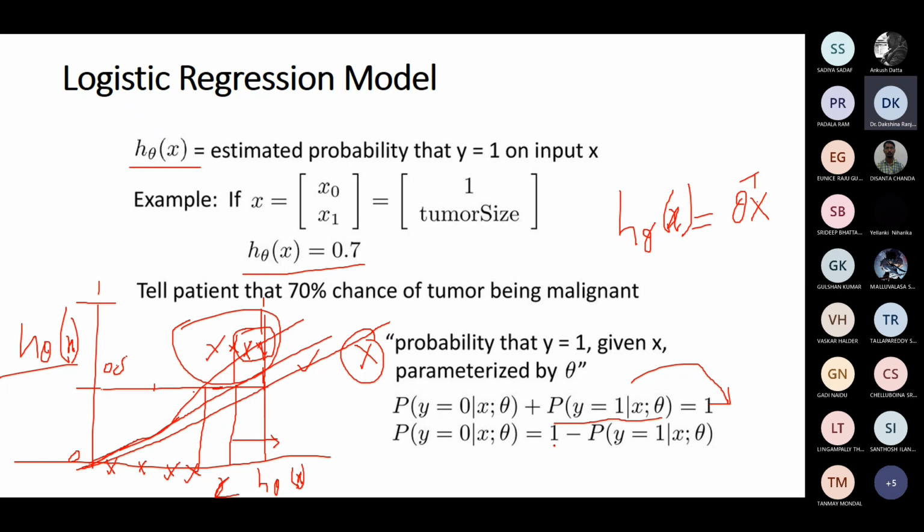That means the probability of y equals 0 given x parameterized by theta will be given by 1 minus the probability of y equals 1 given x, because this value has been estimated. We know that this summation will give us 1, so we take the probability of y equals 1 to the right hand side of this expression.